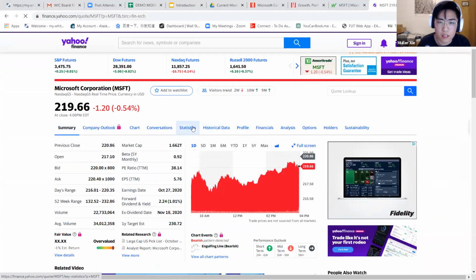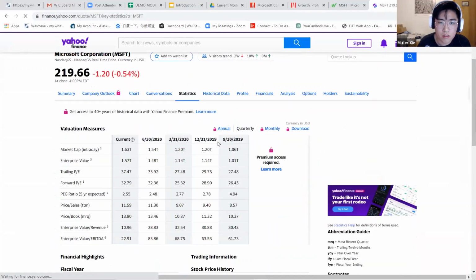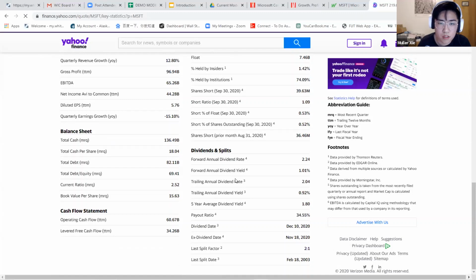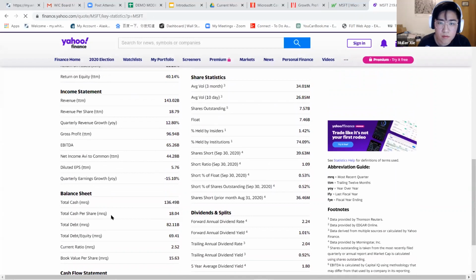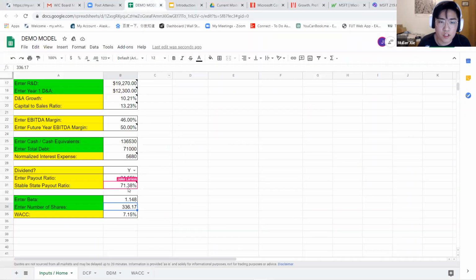If you click on the stats tab, it gives you the stats of the total shares outstanding, which is 7.57 billion. Here we need to convert billions into millions, which is 7,457 million, which stands for the total number of shares.